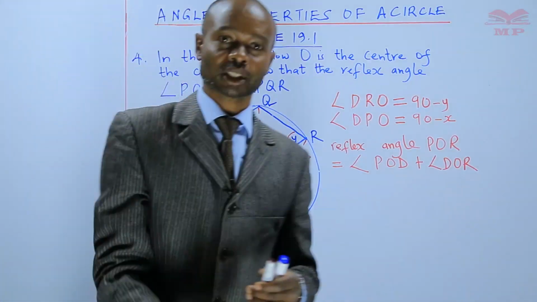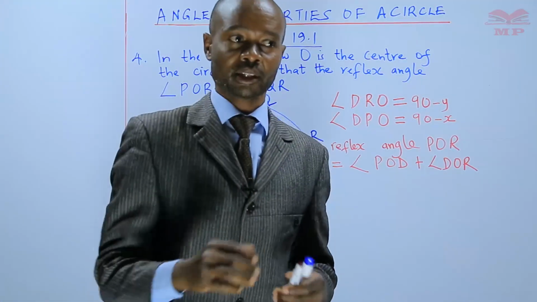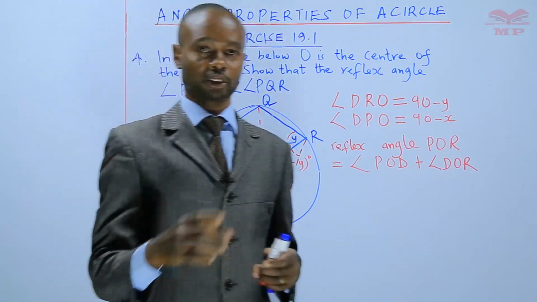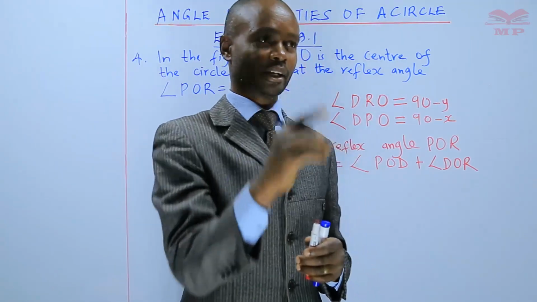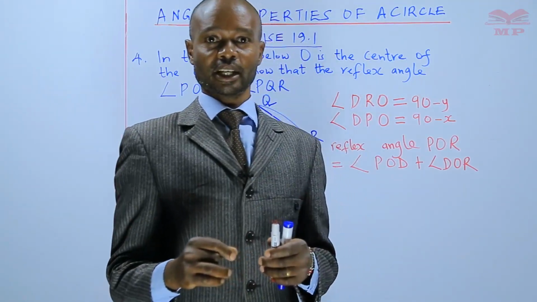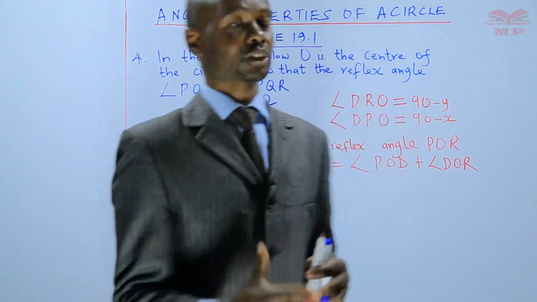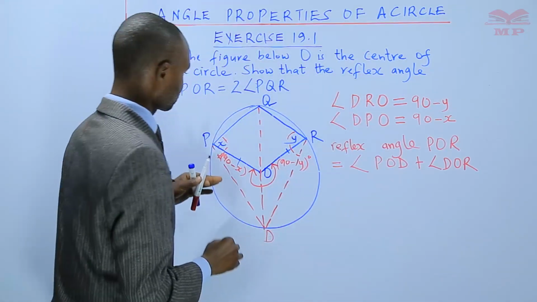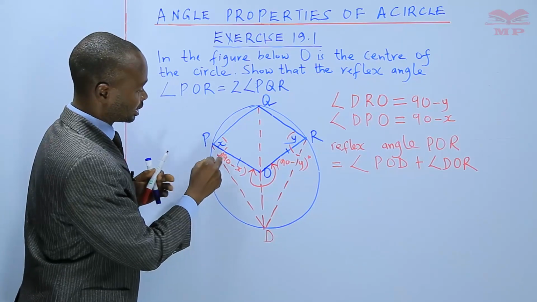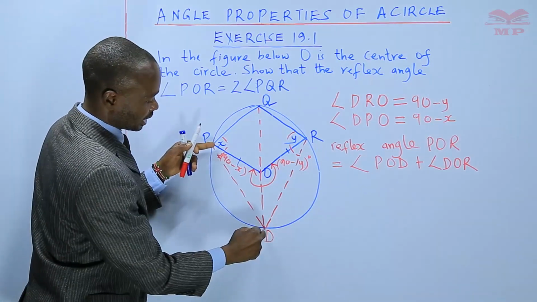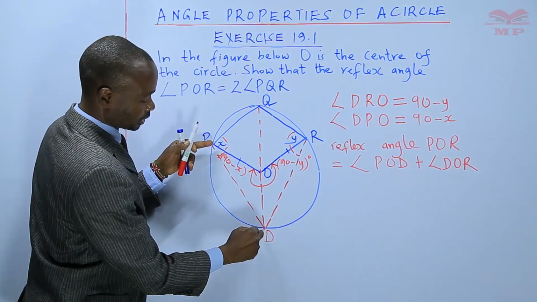So we go back to what I told you about an isosceles triangle. A pair of the angles, two angles, are equal in an isosceles triangle. So if I have here 90, this is an isosceles triangle. Are we together?